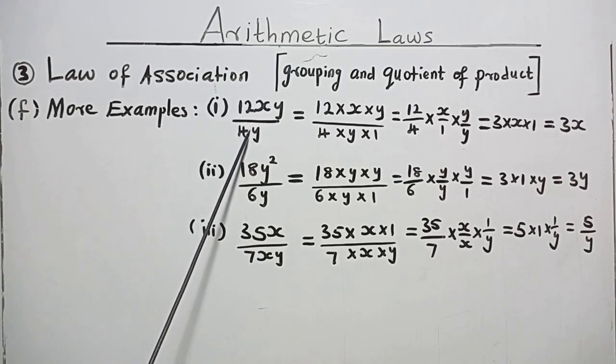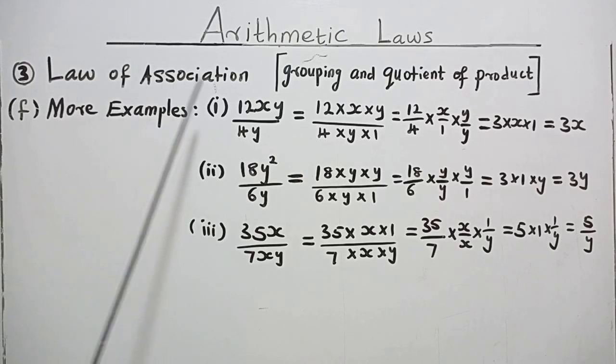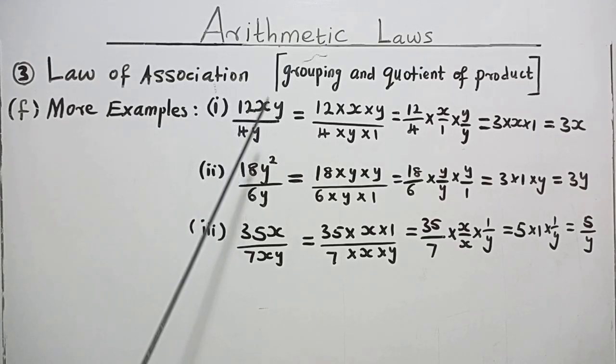This is a product. This is also a product. Let this product divide this product. So based on the law that we just had earlier, among the list of the laws of association, there is one that is going to be applied here particularly. Let us see how it is applied.